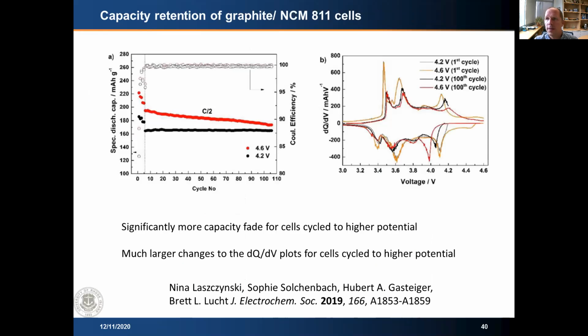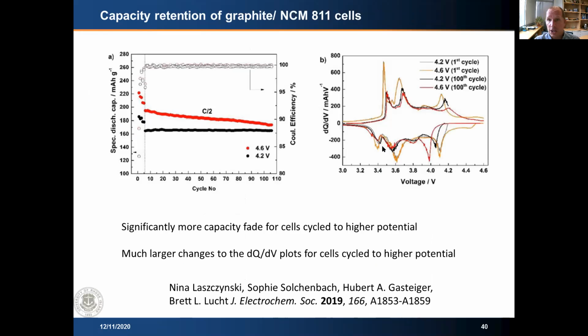If we move up from the NCM 622 material to the NCM 811 material, once again we see an even larger increase in the capacity upon going from 4.2 volts to 4.6 volts, but nonetheless we still see a very large capacity fade for the cathode materials that are charged to the higher potential.